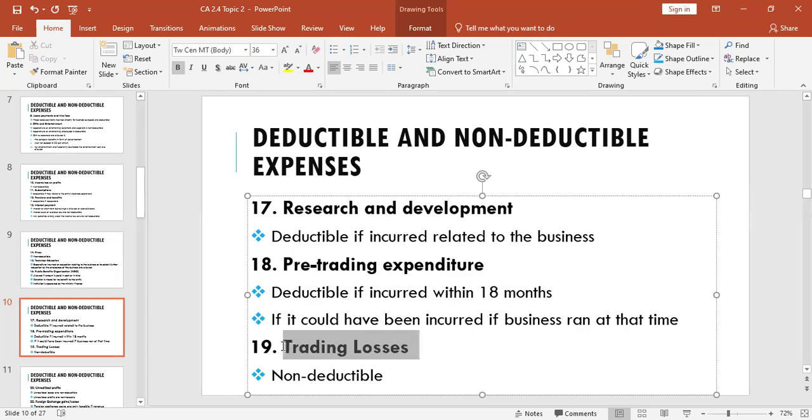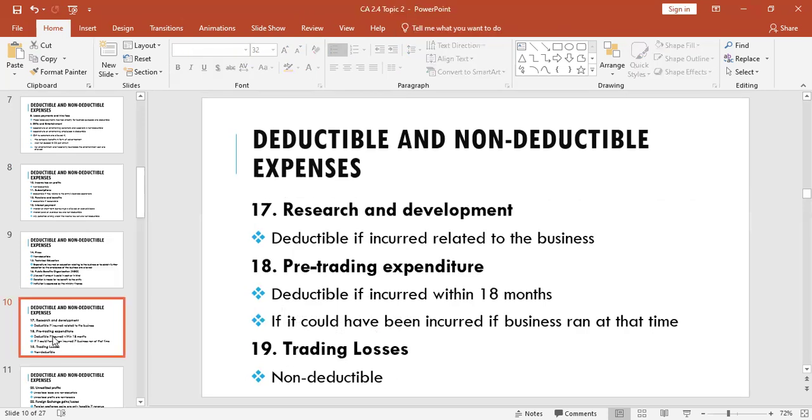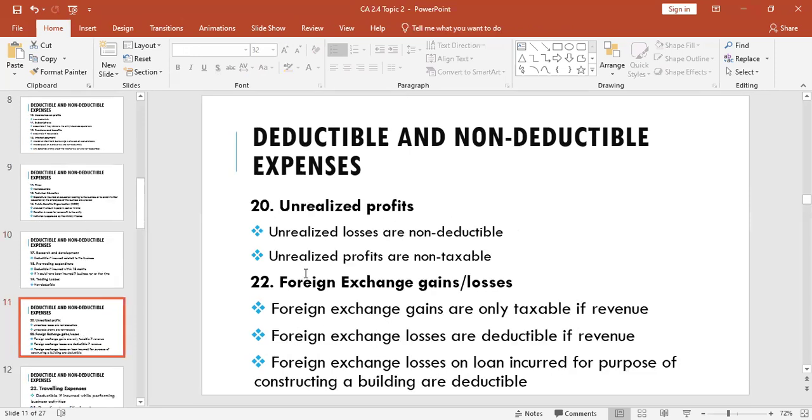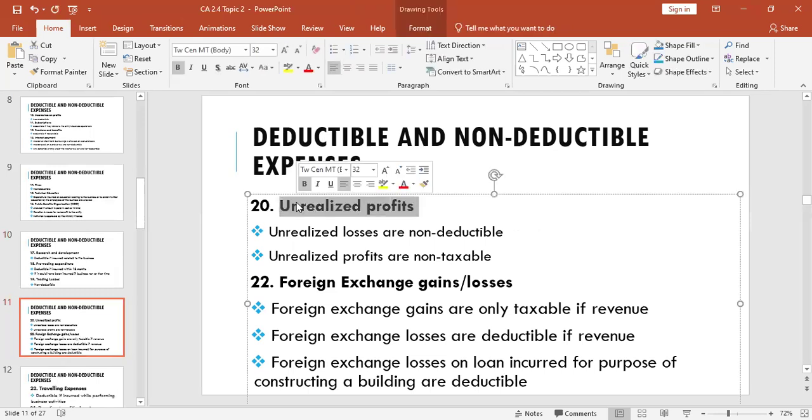Then trading losses, where we make a loss and we recognize the loss, these are non-deductible. We don't have to deduct them. We don't have to add them back to the net profit. Then we have unrealized profits.